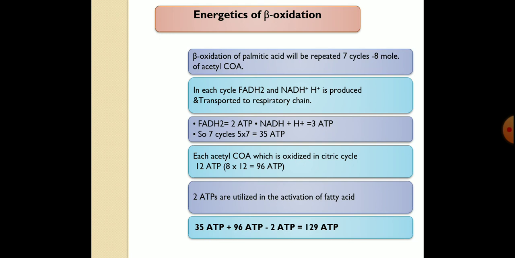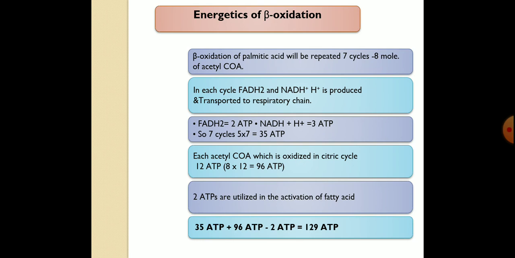Each acetyl coenzyme A, which is further oxidized in citric acid cycle or Krebs cycle, gives 12 ATPs. So 8 molecules of acetyl coenzyme A individually give 12 ATPs, combined become 96 ATPs. 2 ATPs are utilized during the activation of fatty acid.